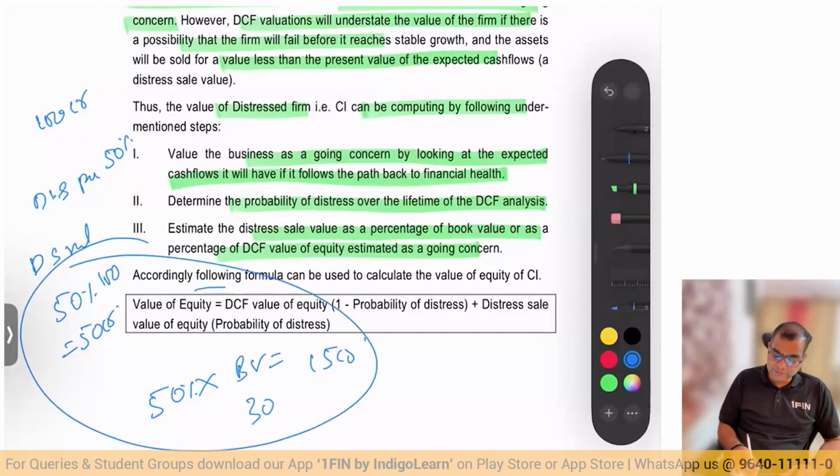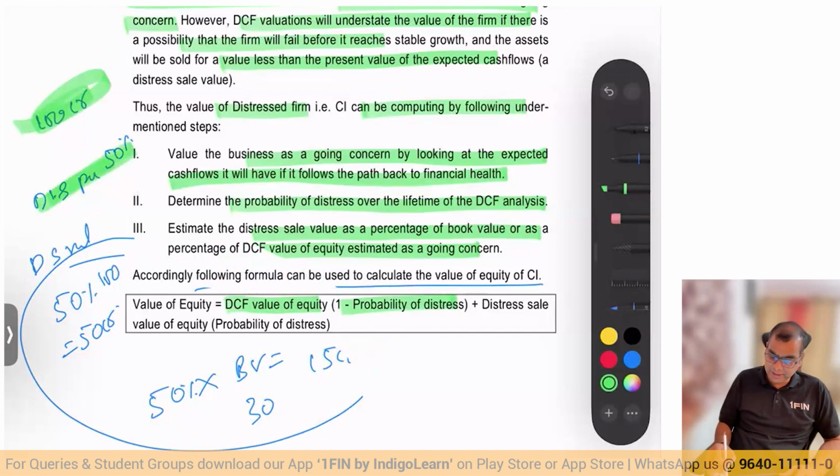Accordingly, the following formula shall be used to calculate the value. What is the formula? Value of equity is equal to DCF value of equity, which is what we found out first, 100 crores, into 1 minus probability of distress. Distress probability is 50%, so 1 minus 50% is again 50%, plus the distress sale value. What is the distress sale value? We figure out it is 15 crores, because it is the probability of distress multiplied by the book value.